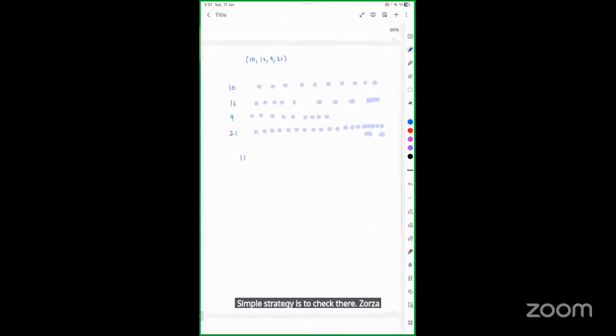So 10 you can write as 8 plus 2, which is 2 cubed plus 2.